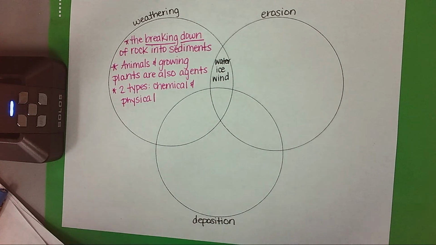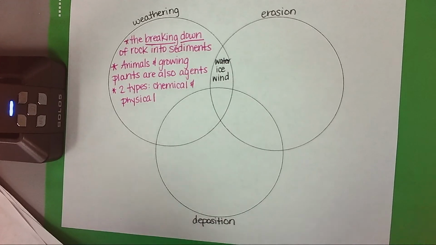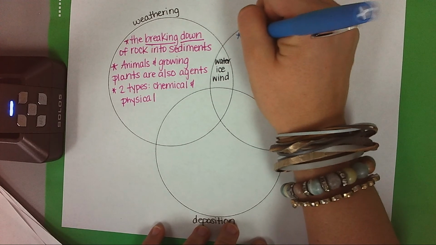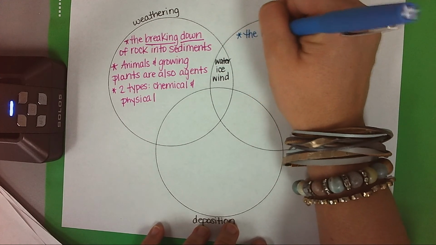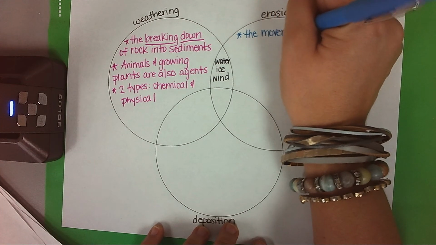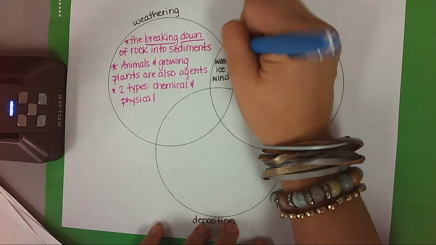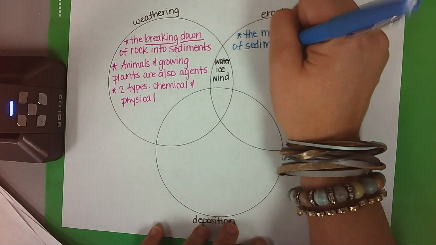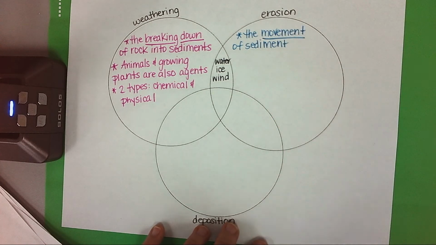Now, what do we know about erosion? Erosion is the movement of sediment. Remember, sediment is broken rock pieces. Pieces of rock.